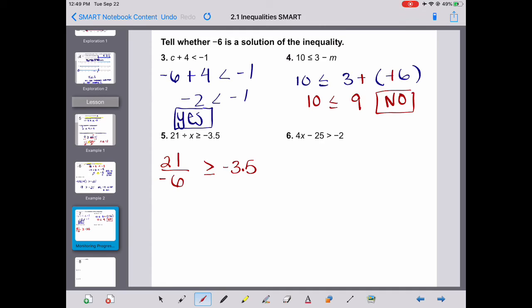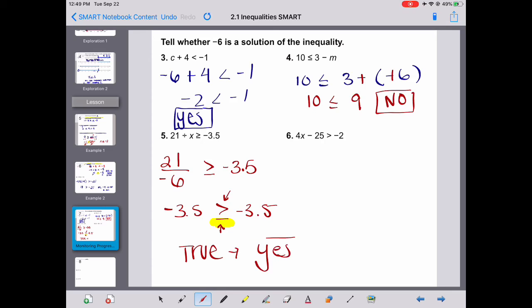You will end up with -3.5 is greater than or equal to -3.5. So -3.5 is not greater than, but this symbol is greater than or equal to, and they are equal. So this statement is true. Even though it's not greater, it still follows the equal to. So this is a true statement, so yes, it's a solution.